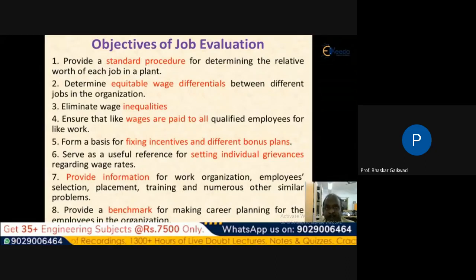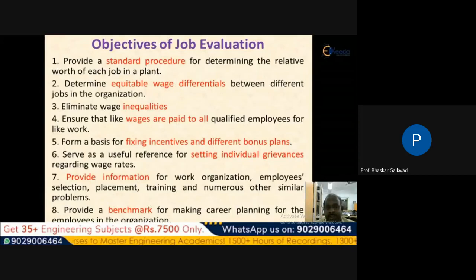For example, logistics inside an organization can have a lower worth compared to a machine. Quality checking can have a higher worth than the machine in the case of precise quality requirements. So it shows a standard procedure to identify and determine the relative worth of each job inside the organization.